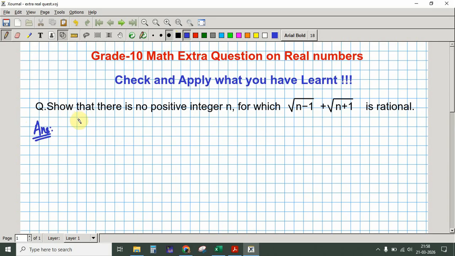We will prove this question again by contradiction. So we will assume that square root of n minus 1 plus square root of n plus 1 is a rational number.